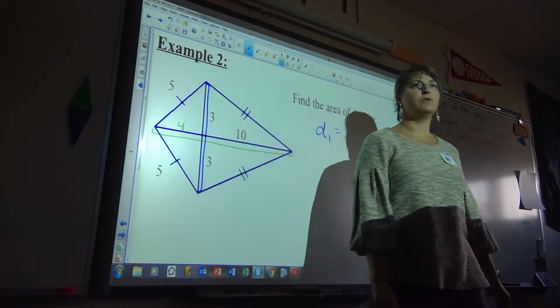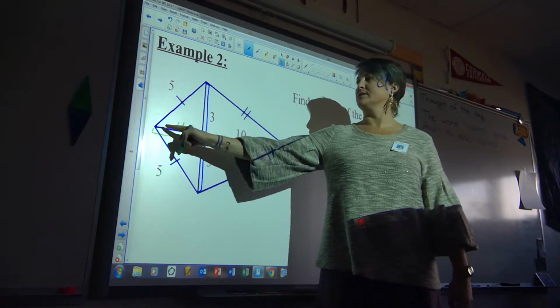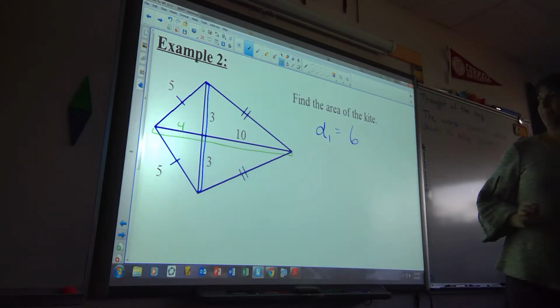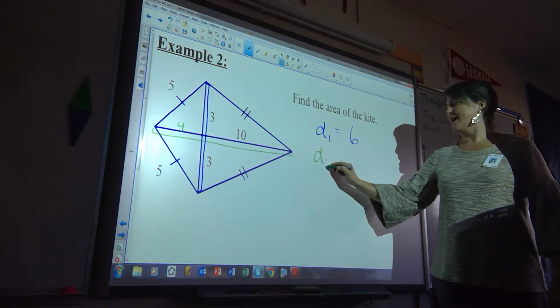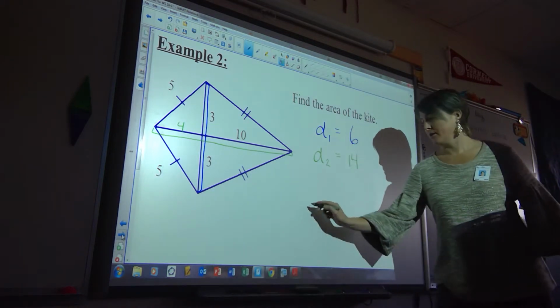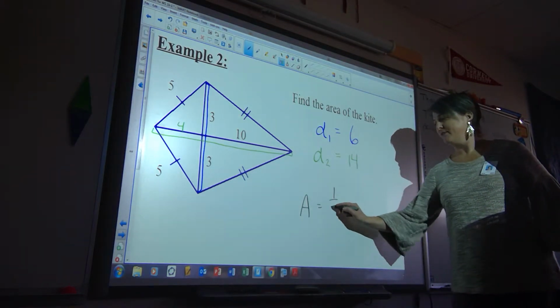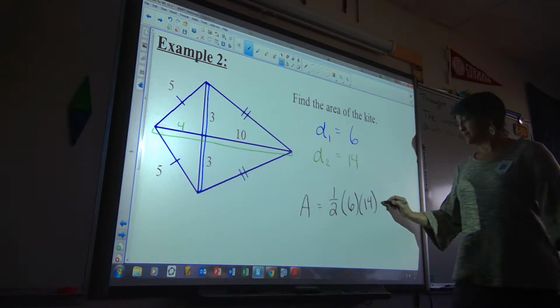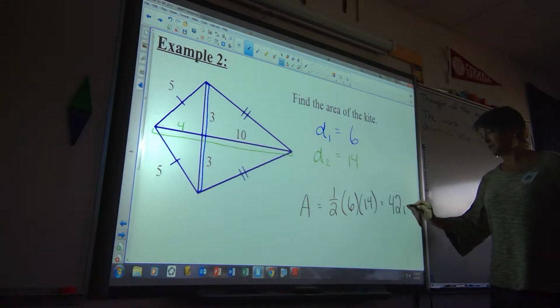I can figure out that that's 4, because I know this is a right triangle, and I had the 3 and the 5. So now I know my other diagonal is 14, and the area is half of the 6 times the 14, so that's 42 units squared.